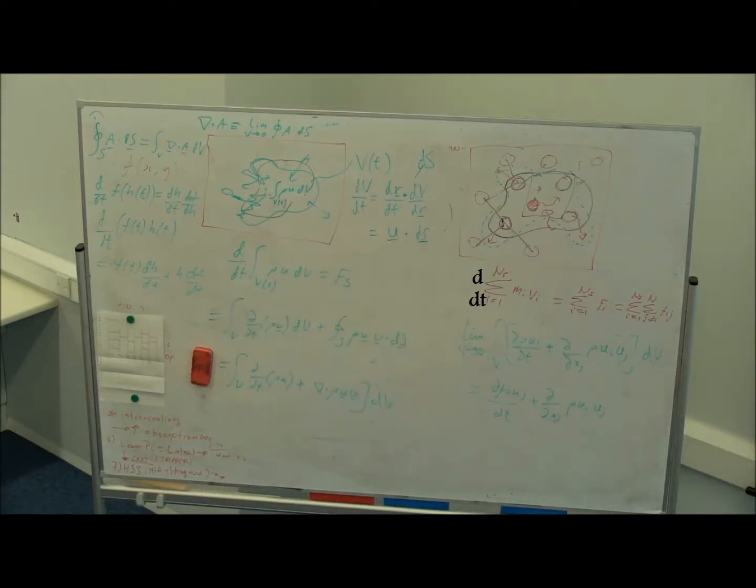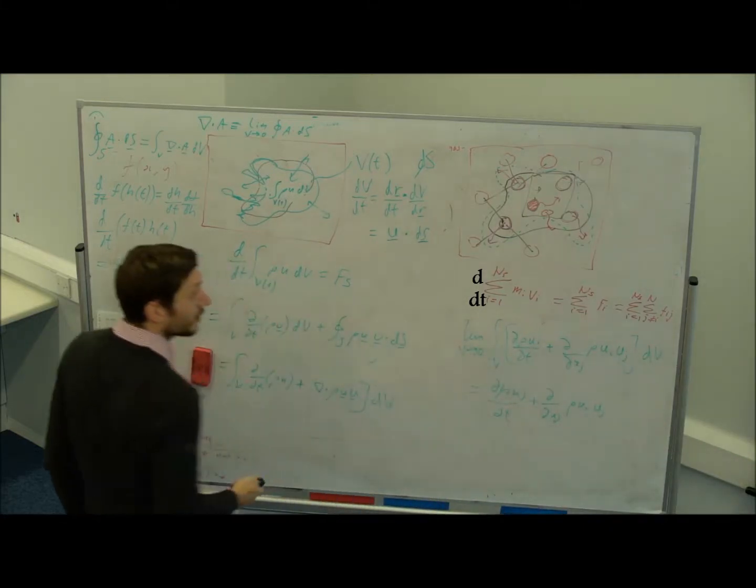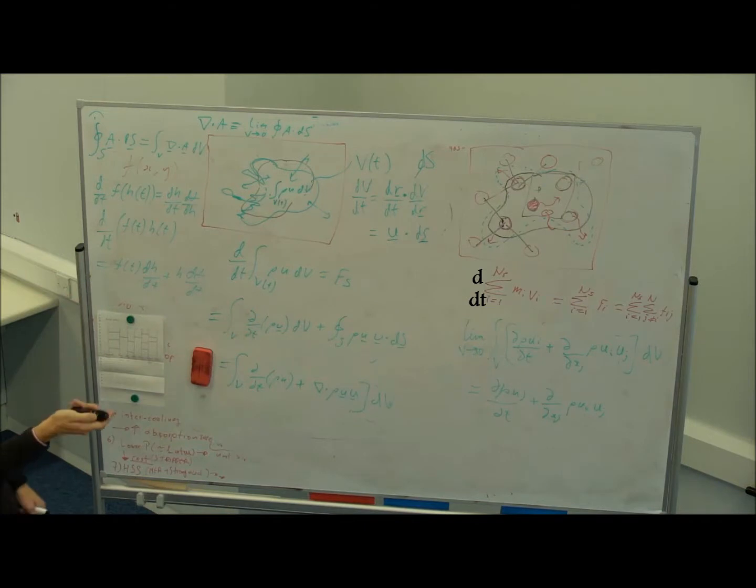So hopefully you're recognizing at least the left-hand side now. This is basically what I've just written here, and you can see we've effectively got the left-hand side, and that limiting case will give you the left-hand side of the Navier-Stokes equation, as we've seen it before.